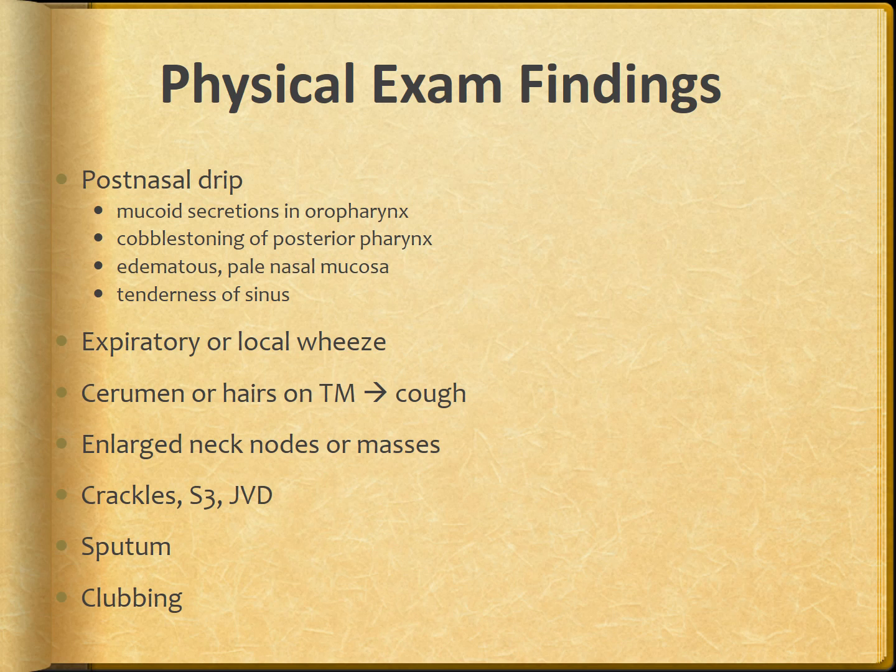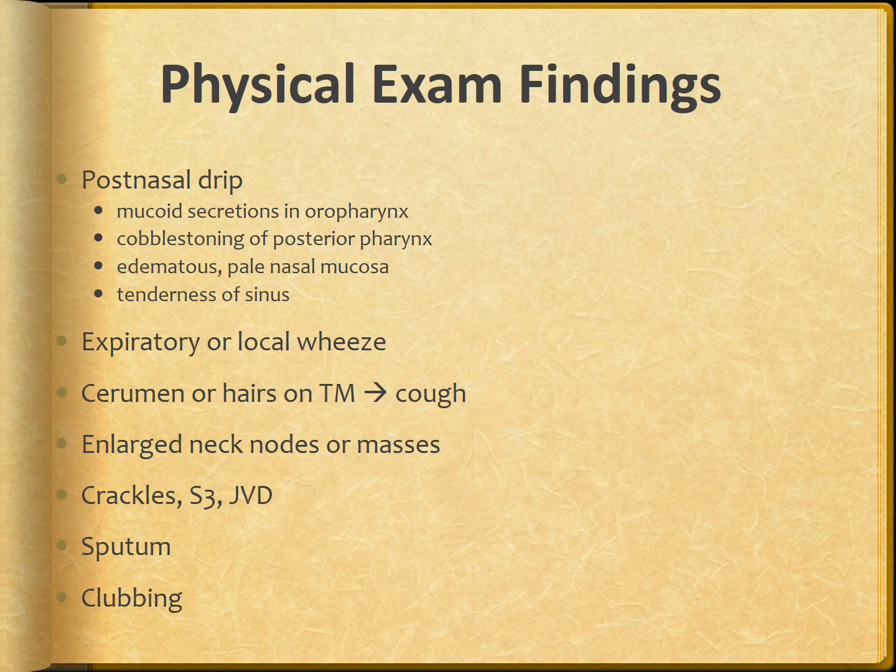On your physical exam, again, you want to take a good look at the patient's nasopharynx. Do they have any postnasal drip and any mucoid secretion in the oropharynx, any cobblestoning of the posterior pharynx? Is there any edema going on? Any pale nasal mucosa? Any tenderness of the sinuses?